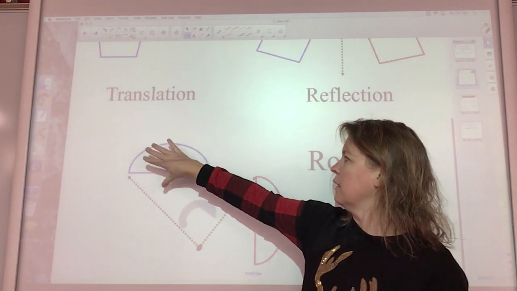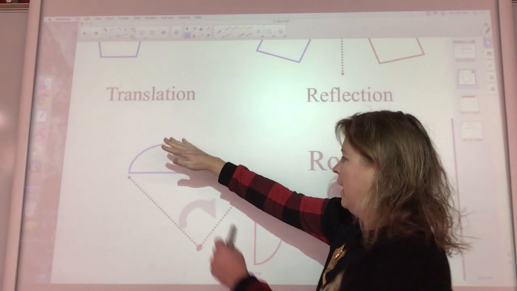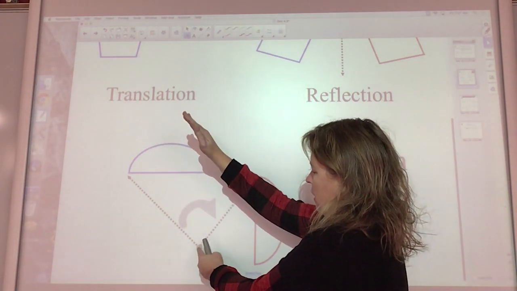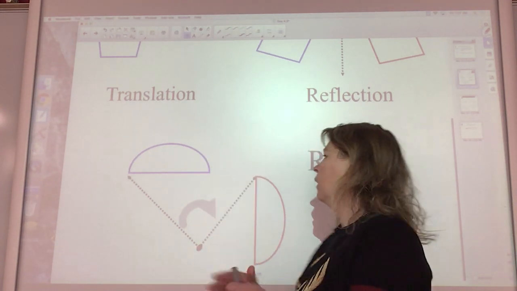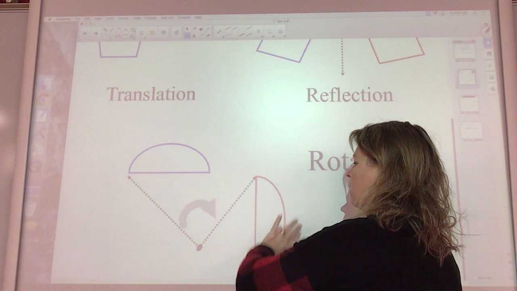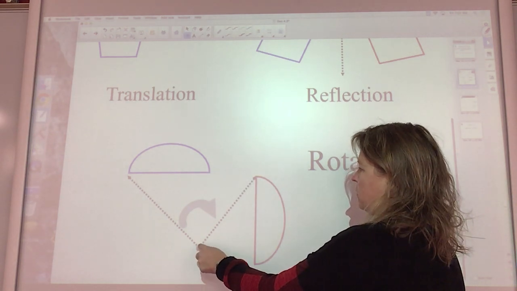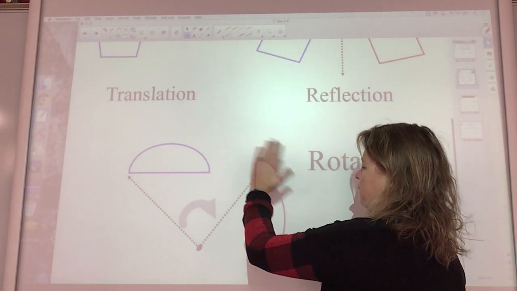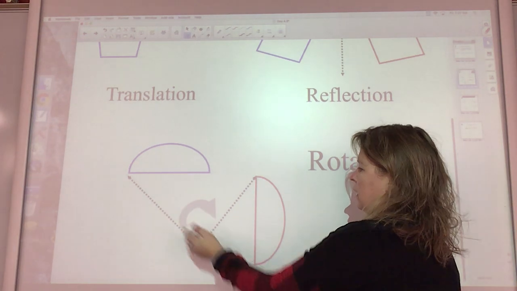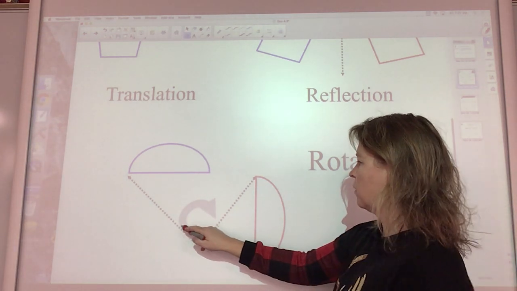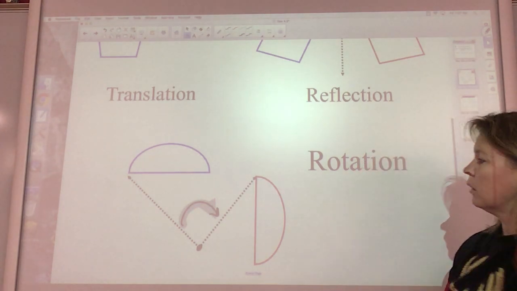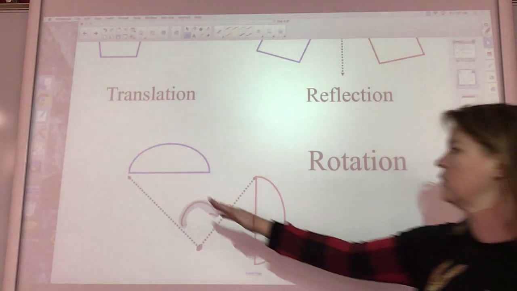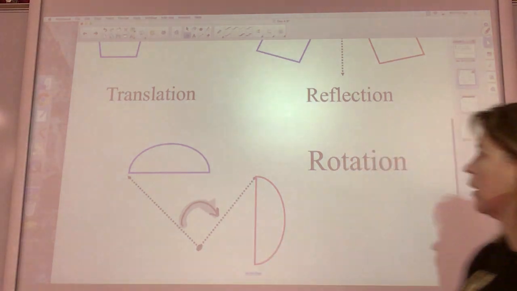So you would take this blue figure, and if a string were tied to it and tacked down right here, the whole blue figure would rotate and spin around this tacked point, and finish over here on this side. So as you can see, it's rotated and moves about this way. So that's what a rotation is. And a rotation could go this way, but it could also go that way.